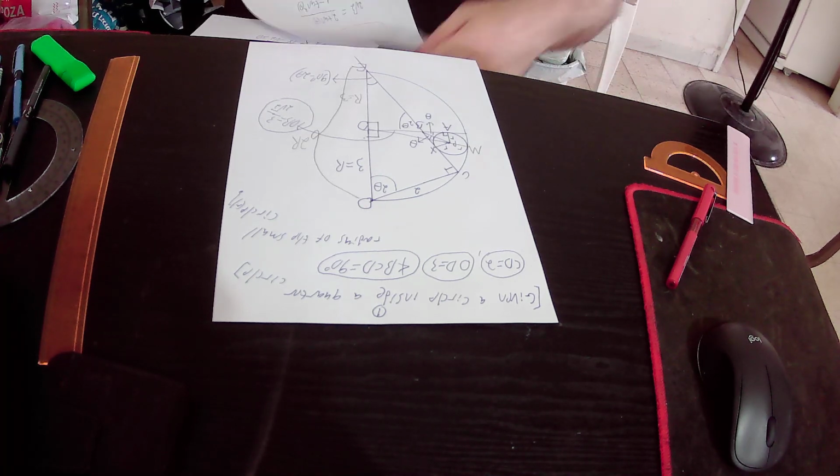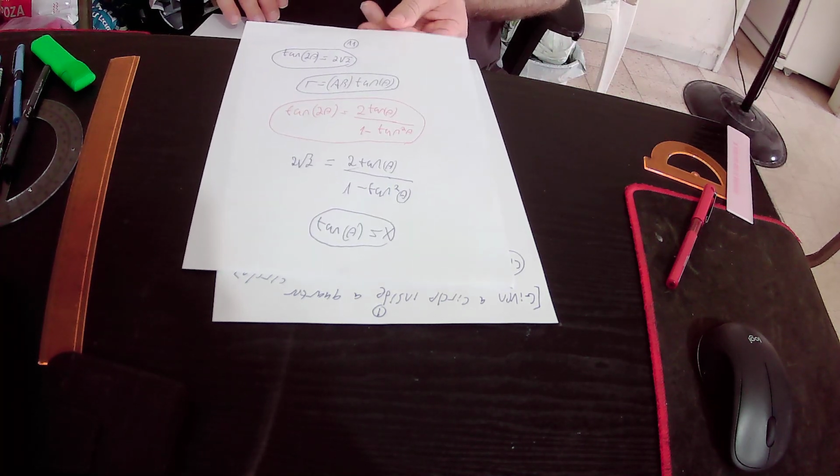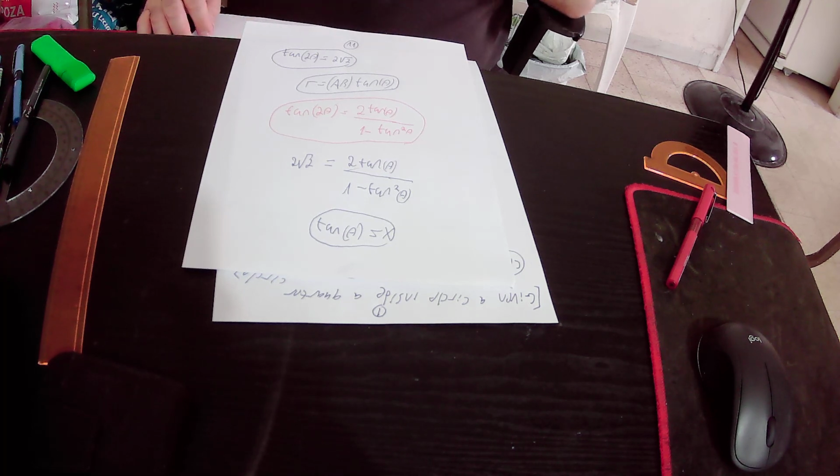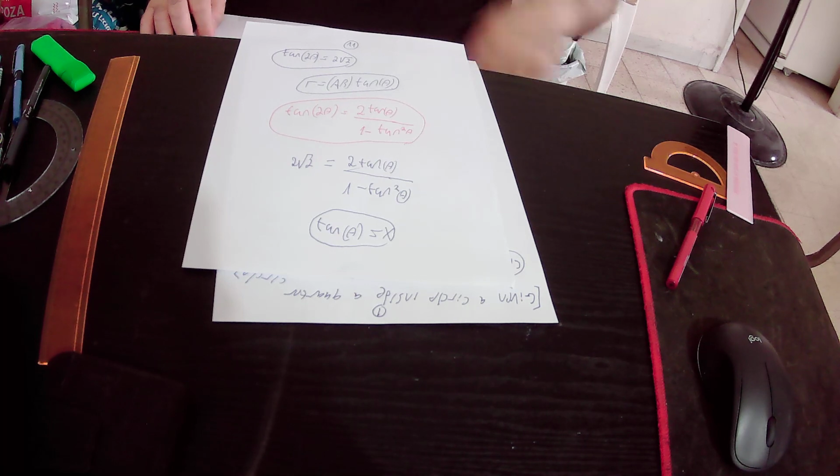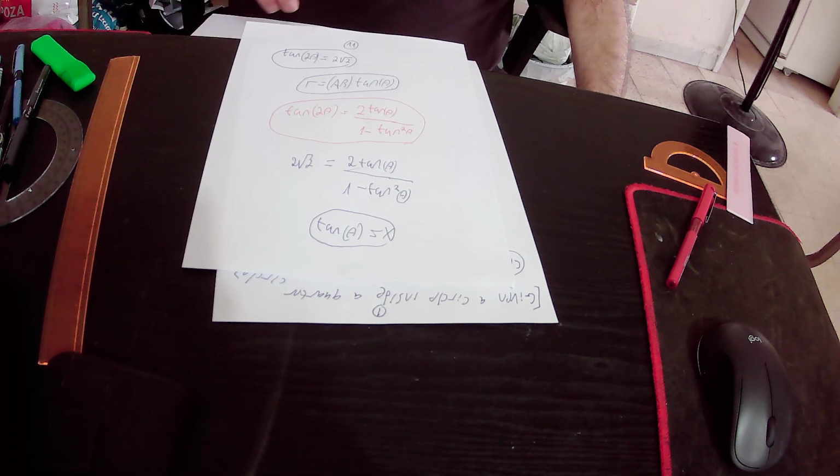Okay, tangent 2 theta equals 2 times root 2, and we have the equality that the radius of the small circle equals AB times tangent theta. So we have to find the value of tangent theta, but we have only the value of tangent 2 theta.